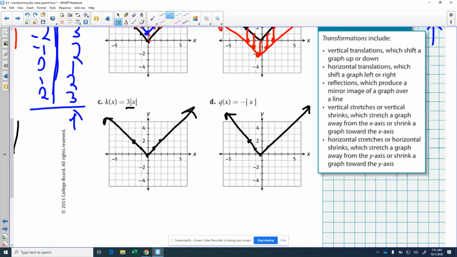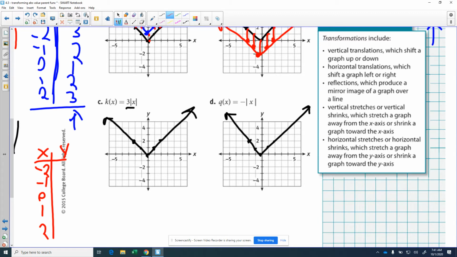Well, for this case, I'm actually going to work through and try to think what's happening right now with the 3. For example, if I take my chart here and use the same numbers we talked about yesterday, -2, -1, 0, 1, and 2.